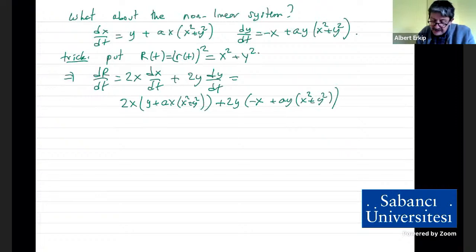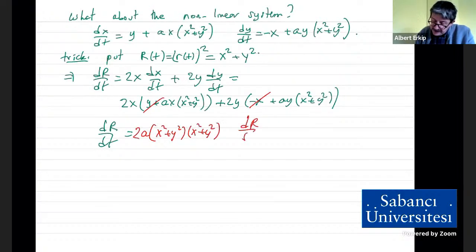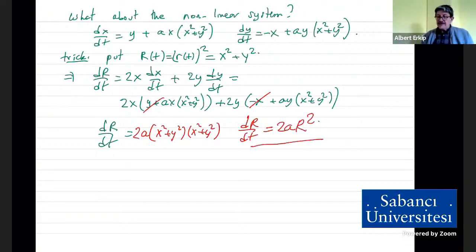And what you really get is dr dt equals, now these terms cancel, so you get 2a times x squared plus y squared, times x squared plus y squared. So dr dt equals 2a times r squared. And r is the radius in polar coordinates.